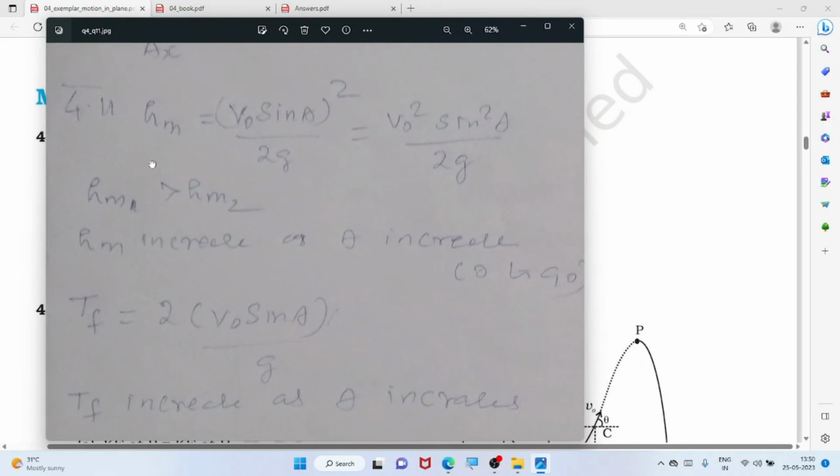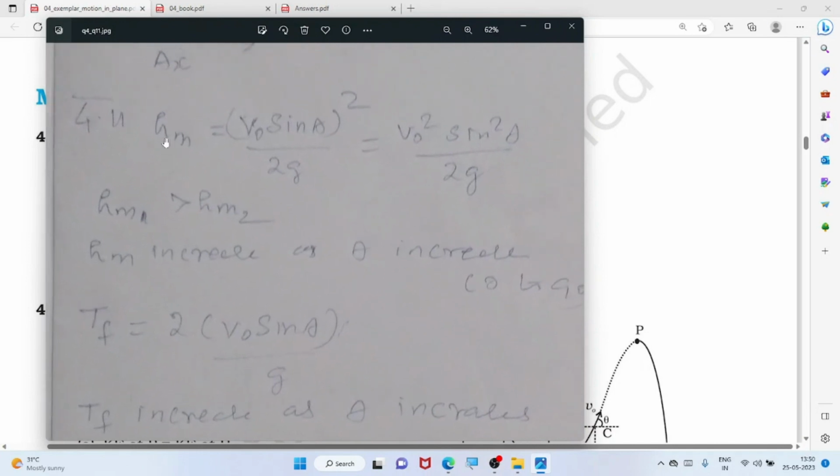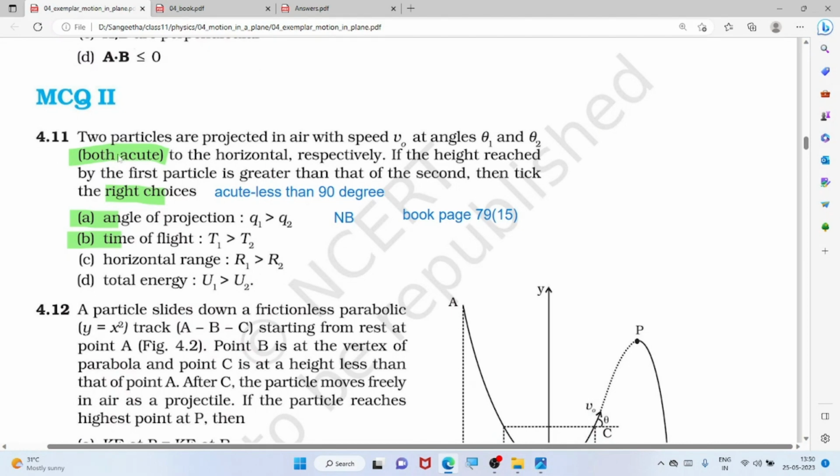Okay, see here if you look at this height, in a height, maximum height, so here theta is directly proportional to the theta. They are saying this is the acute angle. Okay, acute angle means less than 90 degrees.